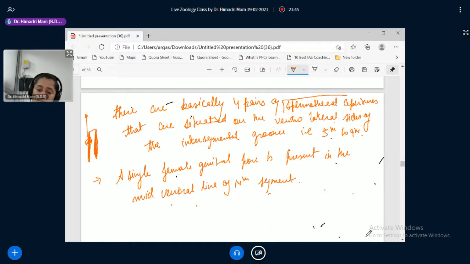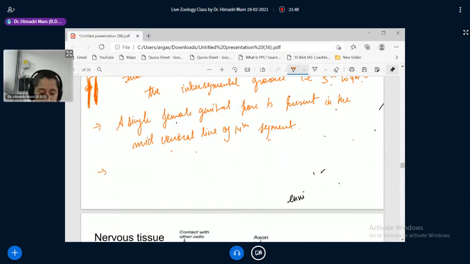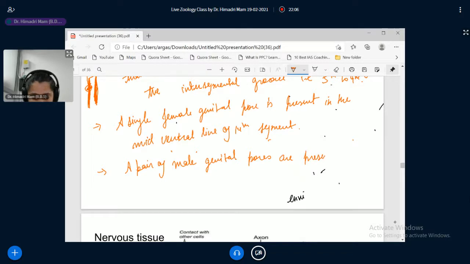Now, there is a pair of male genital pores present on the ventrolateral line of the 14th segment.